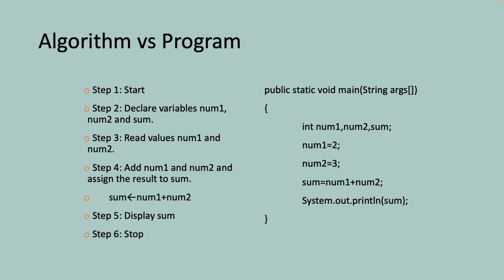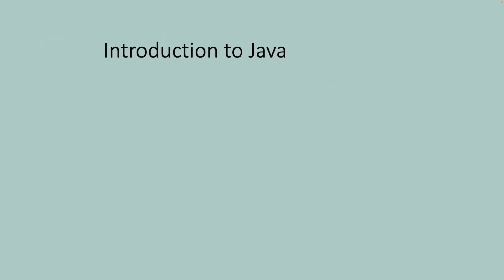Then we read the two values, do the summation operation, and store that result into sum. And the last statement, display sum, and then stop. So an algorithm is basically a theoretical representation, and a program is a practical representation.